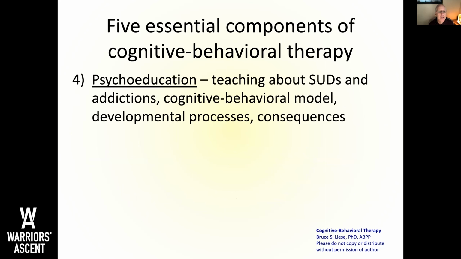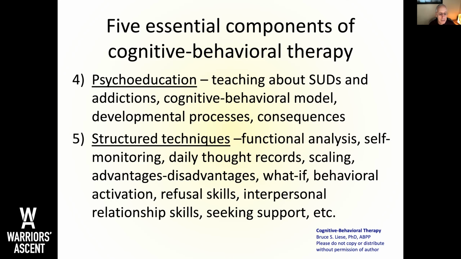So the last two of the five components are what you should be learning in psychotherapy, all psychotherapies, whether you're learning about your unconscious or the meaning of your dreams in psychodynamic therapy, or in cognitive behavioral therapy, learning about your substance use or how your depression developed and how it's maintained.